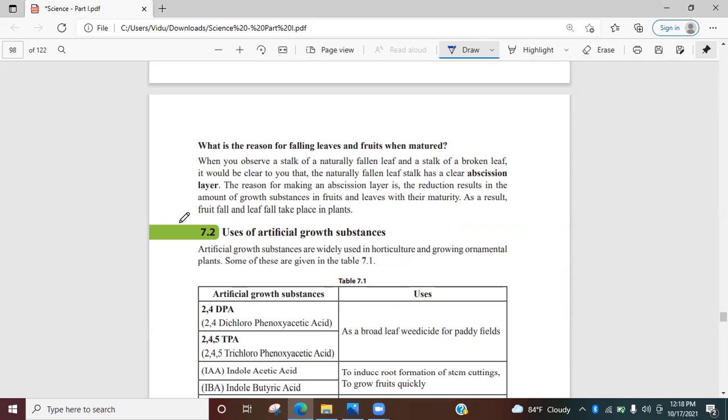The reason for making an abscission layer is the reduction in the amount of growth substances in fruits and leaves with their maturity. So as a result, fruit fall and leaf fall take place in plants.